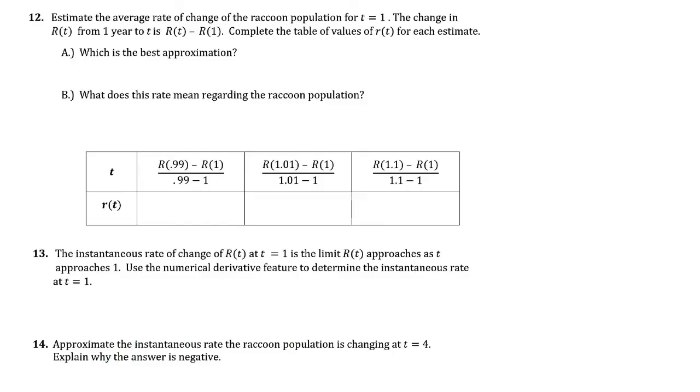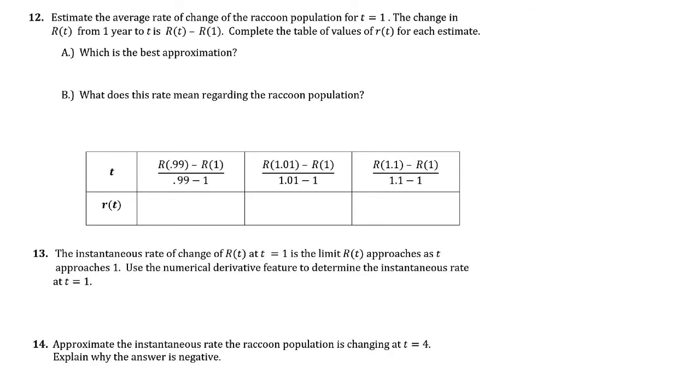Okay, so for number 12, it's going to ask you to estimate the average rate of change of the raccoon population for T near 1. The change in R from year 1 to T is R at T minus R at 1. Now complete the values for each of the following. So which is the best approximation?